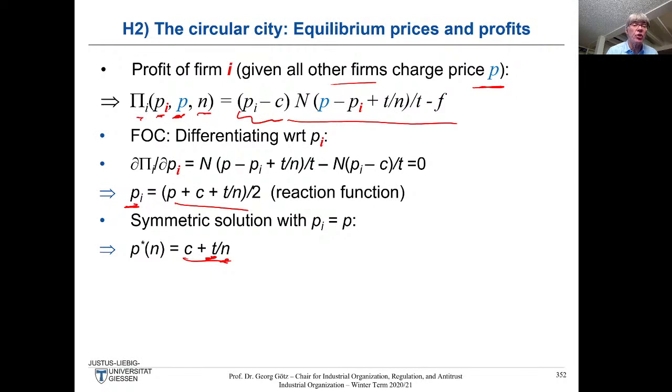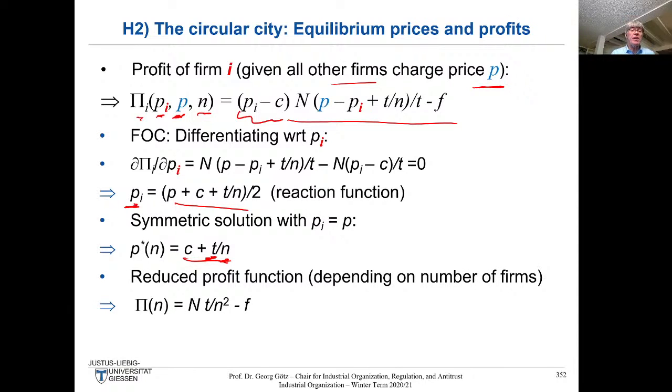The more firms are active in the market, the lower the prices, or actually prices converge to marginal cost as n approaches infinity. Okay, that's a nice result, and it's also what we hopefully would expect, and we are happy that we got this here.